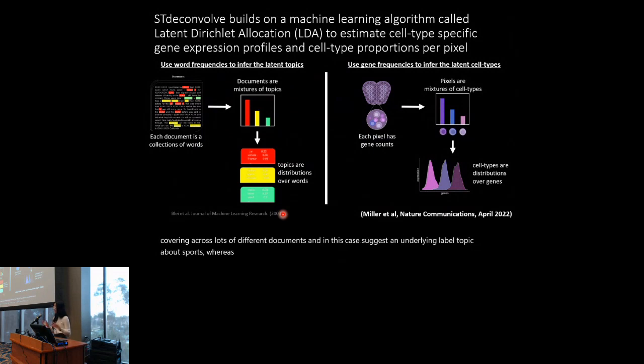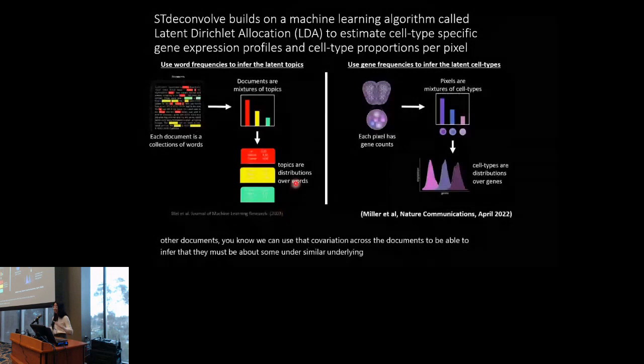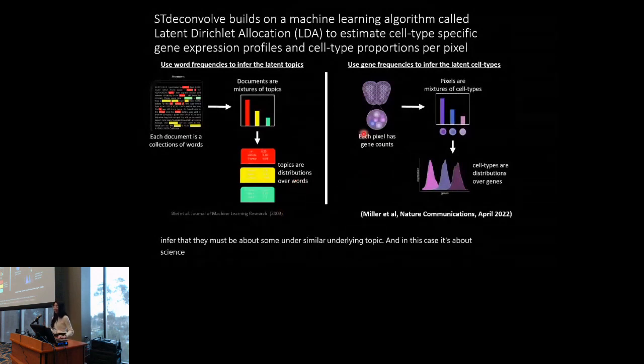Whereas if we see words like spatial transcriptomics and single cell, especially if these words co-occur a lot in one document and don't co-occur a lot in other documents, we can use that covariation across the documents to infer that they must be about some similar underlying topic, and in this case, it's about science.